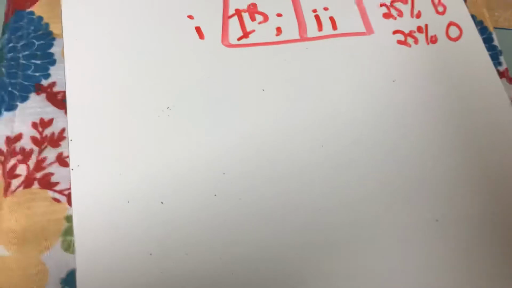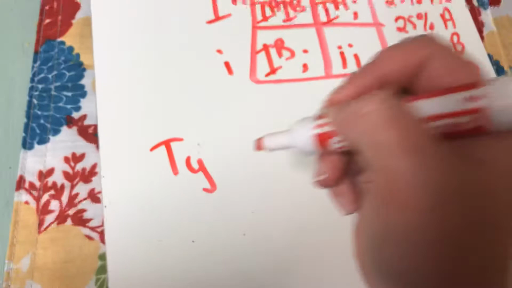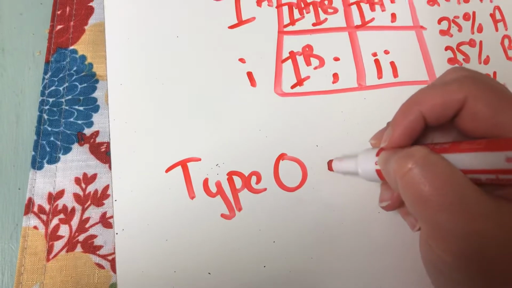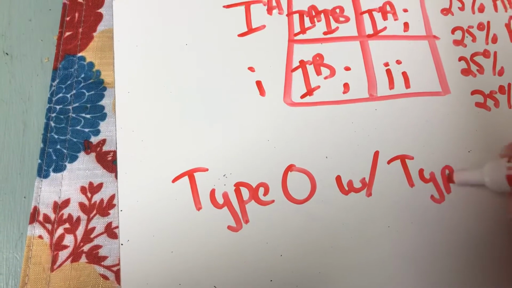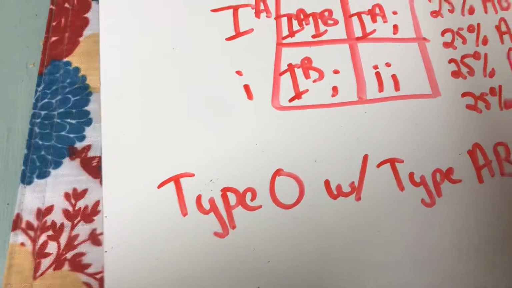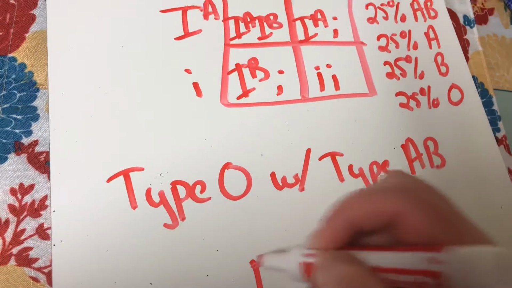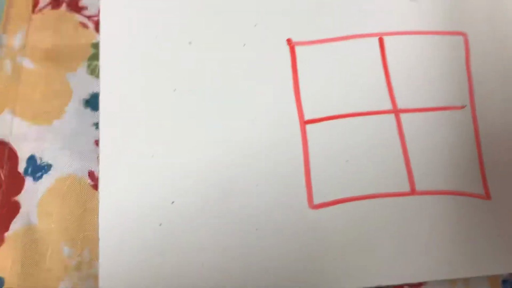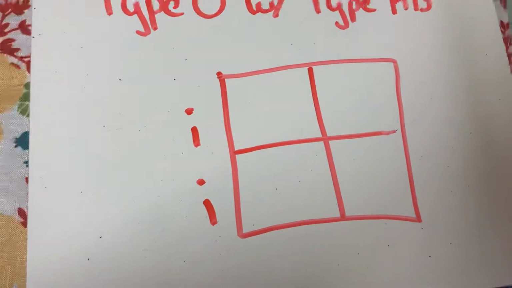Okay, let's move down, do another one. Let's say that we have type O with type AB. Here's my Punnett square. If we have type O, we are lowercase i, lowercase i.